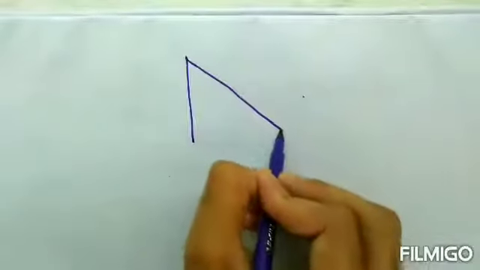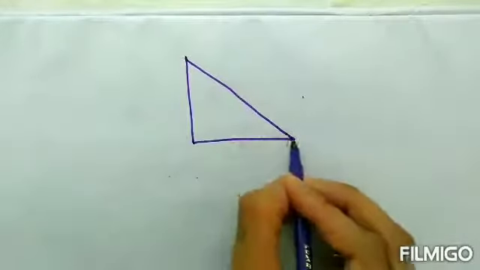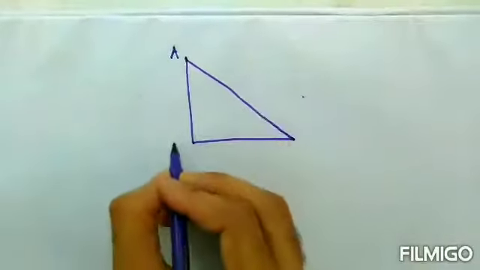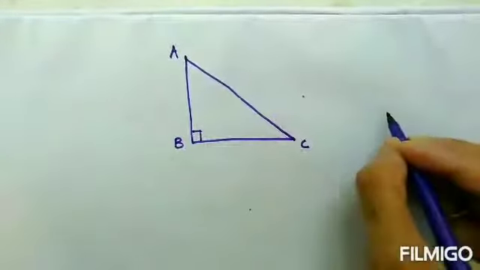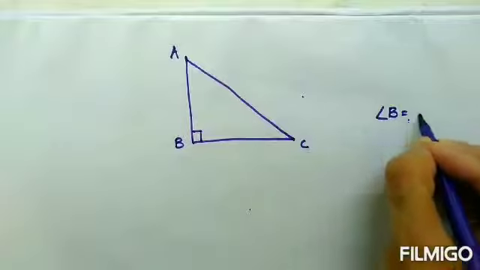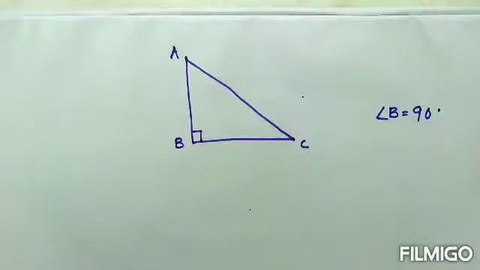Suppose this is a right angle triangle ABC, where angle B is equal to 90 degrees, meaning this is a right angle triangle.